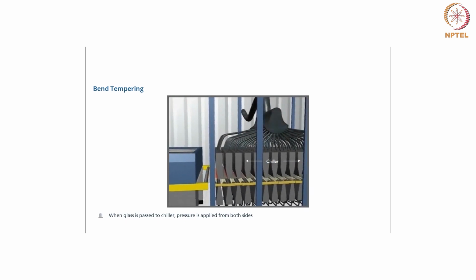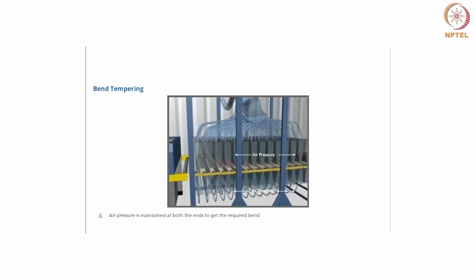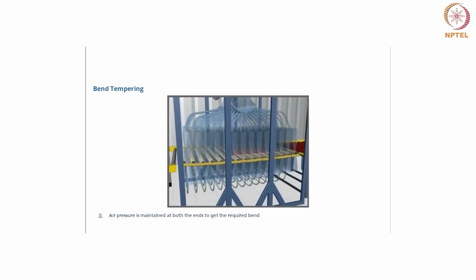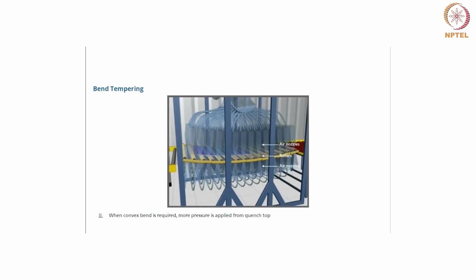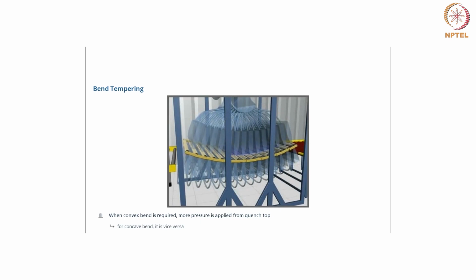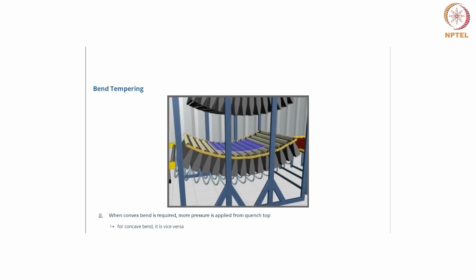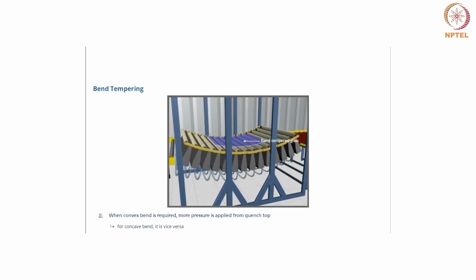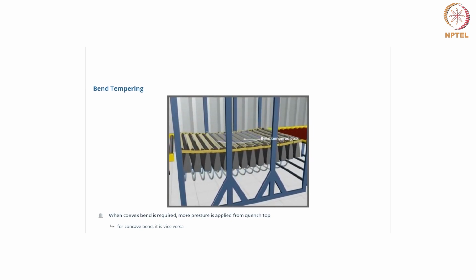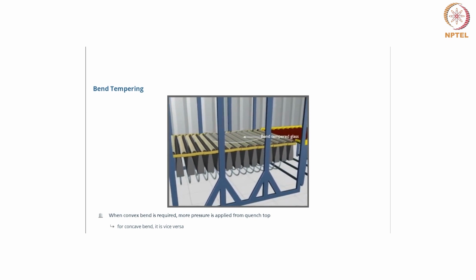You would have seen that the chiller portion has a lot of movable, flexible fixtures, where the glass comes from the heating chamber into this chilling chamber, the quenching chamber, where air pressure is applied with the help of the air nozzles. Depending upon the bend dimensions, you have to lift it accordingly.